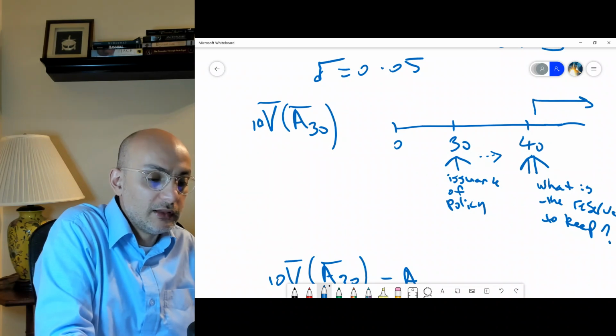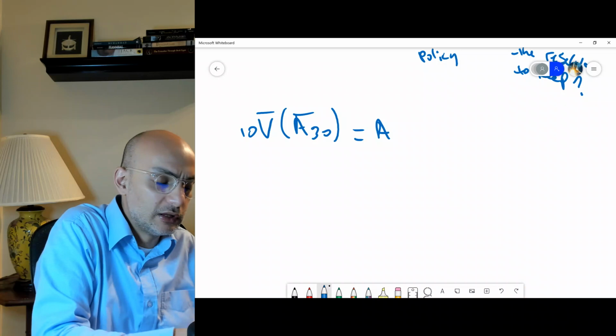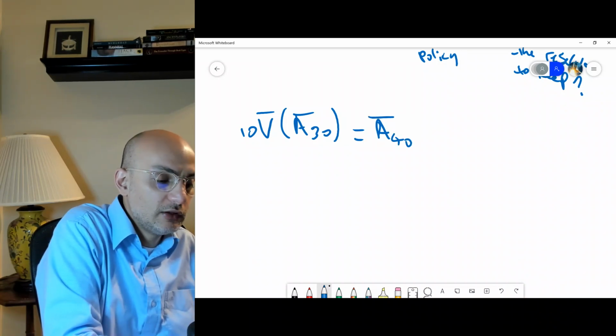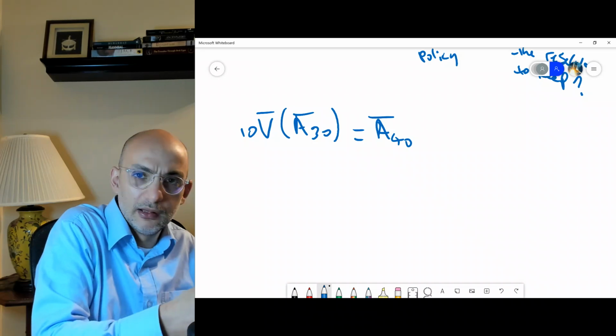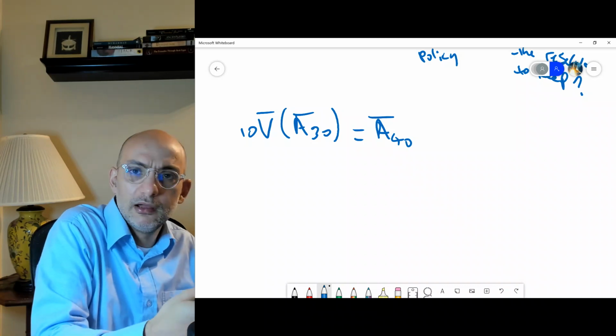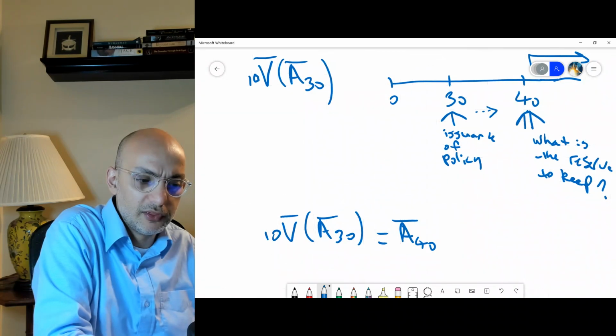What is the expected value of the future payout? That's why we call it prospective. In the future we expect to pay an insurance benefit of $1 from age 40, because the past, from 30 to 40, we already passed.